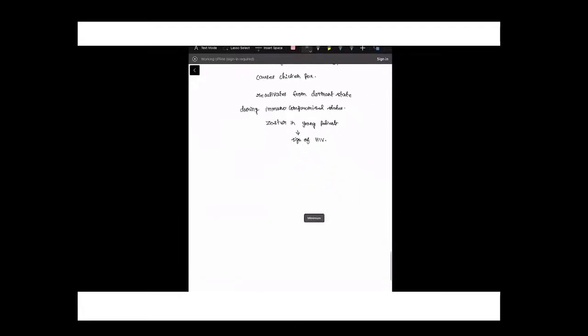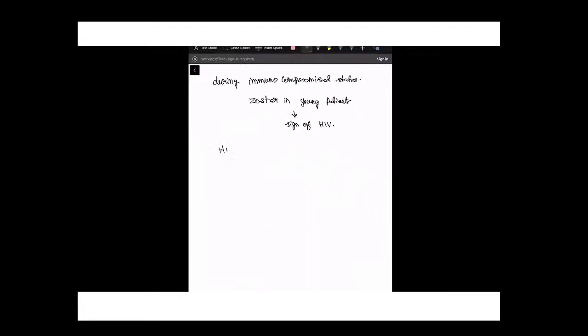And we have our important rule, Hutchinson's rule. This rule is useful to predict herpes zoster ophthalmicus.